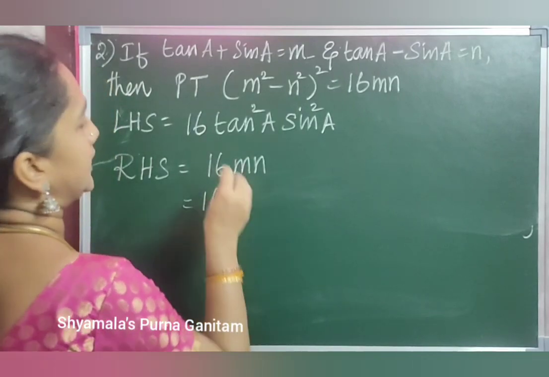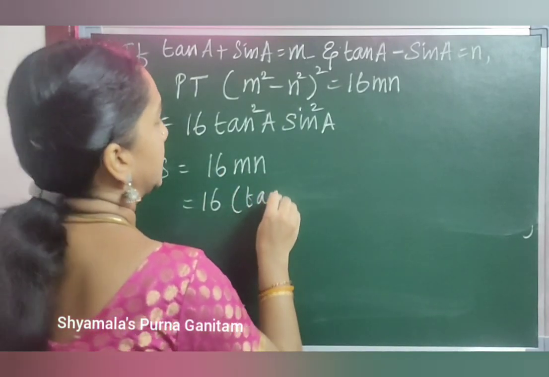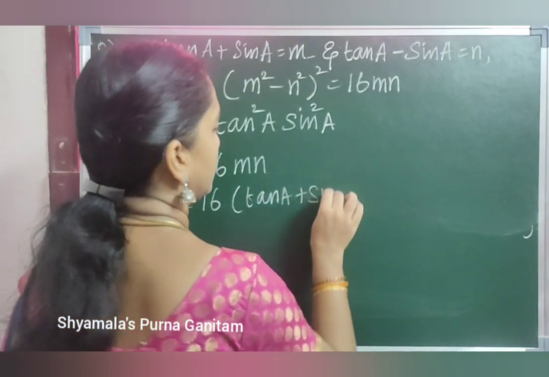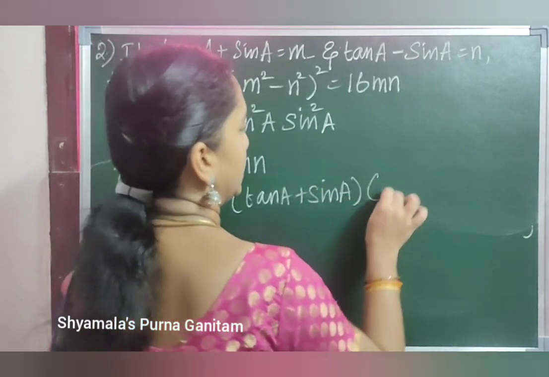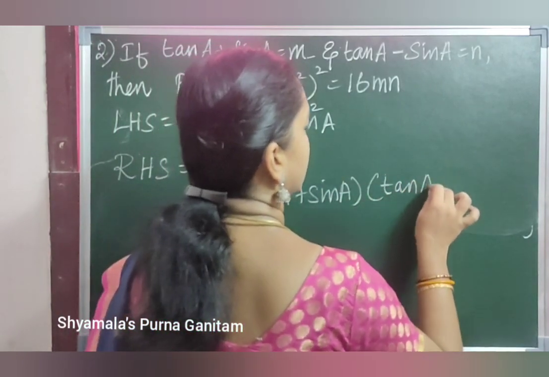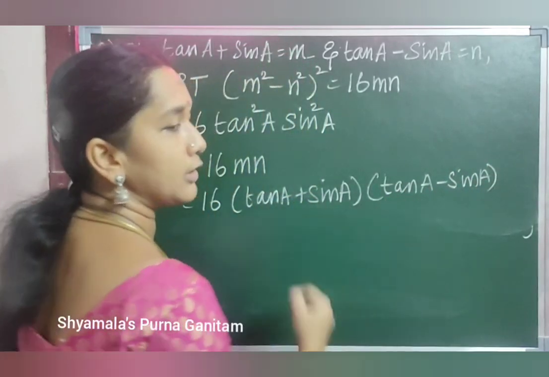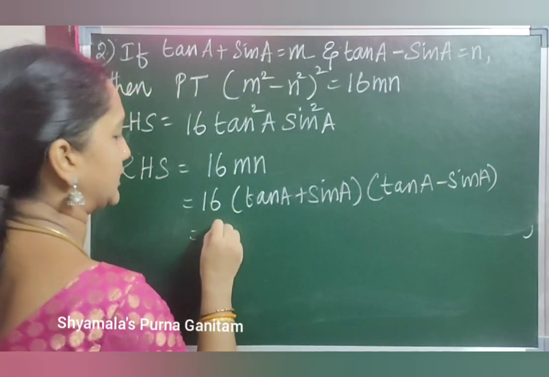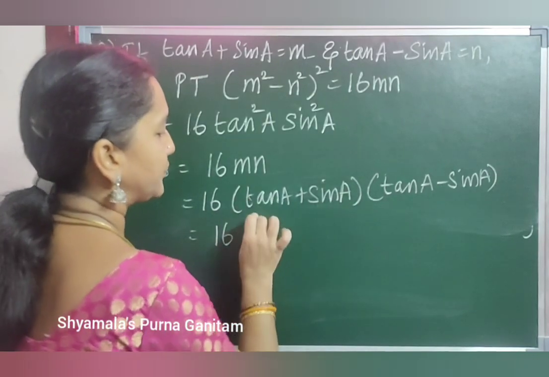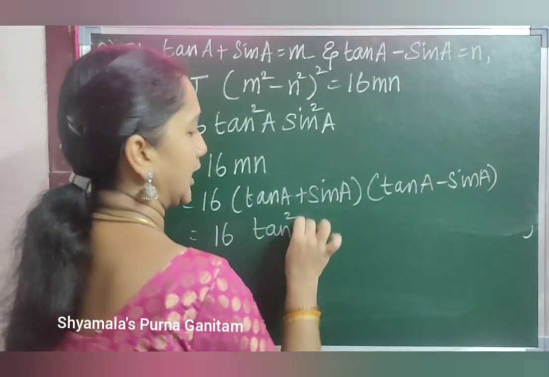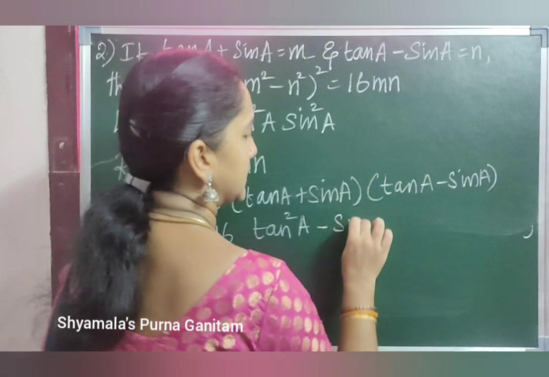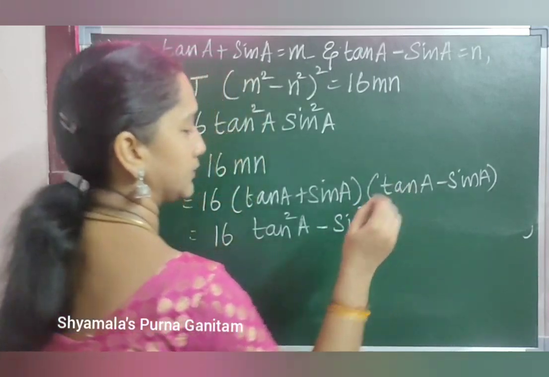So 16 is there. The m value is tan A plus sin A. The n value is tan A minus sin A. So this one is in the form a plus b into a minus b, so 16 into tan squared A minus sin squared A.